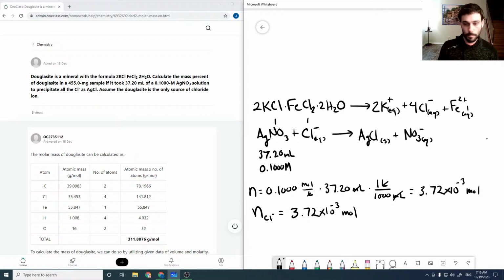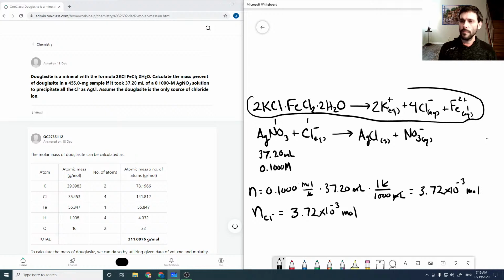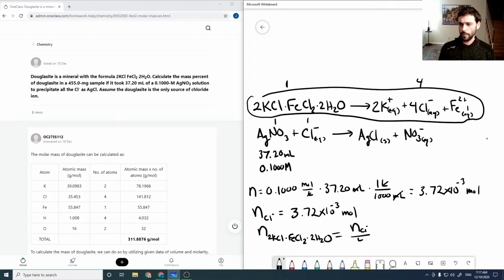And then from this equation, we can see that for every 1 mole of our Douglasite, we get 4 moles of our chlorine. So that means that our number of moles for this structure is our number of moles for chlorine over 4.